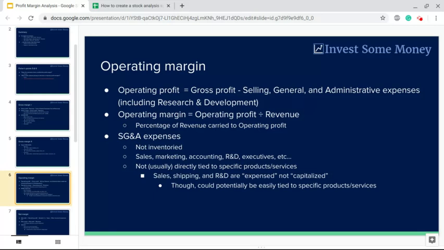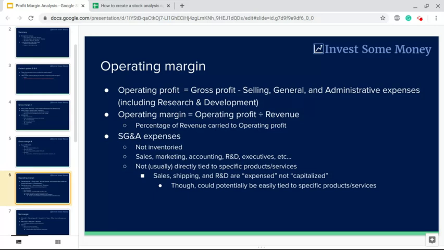So operating margin, as I mentioned, is operating profit divided by revenue. This is the percentage of revenue that's carried to operating profit. A 20% operating margin would mean 20 cents of every dollar in revenue is carried to operating profit after COGS and SG&A expenses are accounted for.